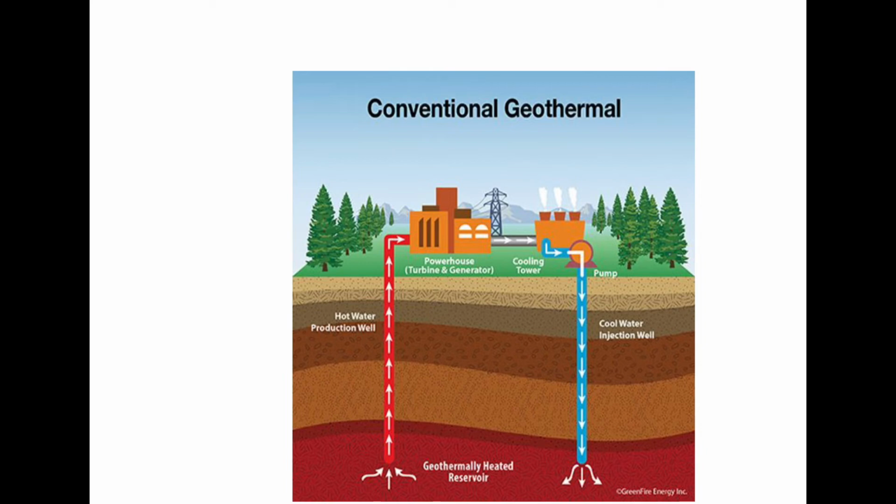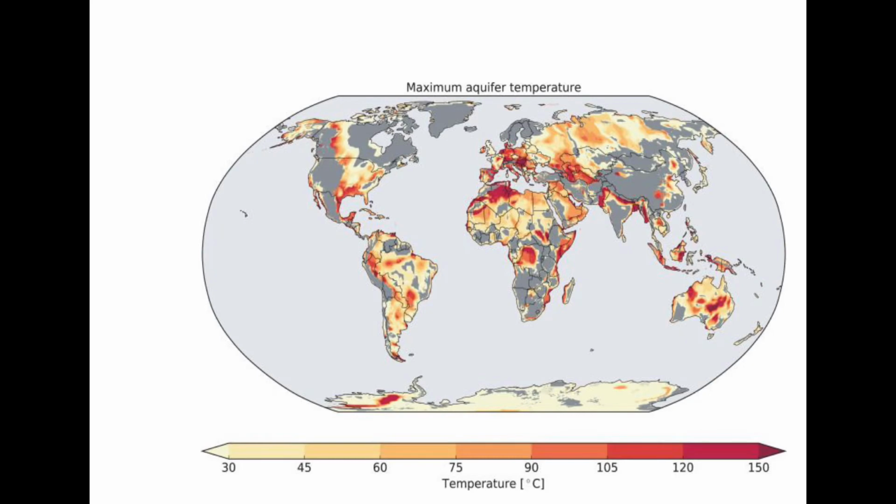Some areas of the planet are better for this than others, because some areas have less crust. So this is the aquifer temperature, the underground groundwater, and that gives you an indication of where there is better heat for geothermal. So you just pump up the groundwater in these areas.